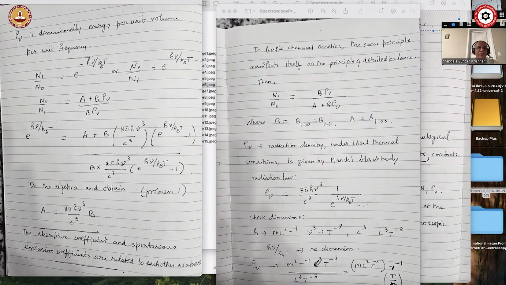The relationship between absorption coefficient and spontaneous emission coefficients can be verified in the laboratory and can also be derived by quantum mechanics. Very rigorously, this relationship can be derived in quantum mechanics.